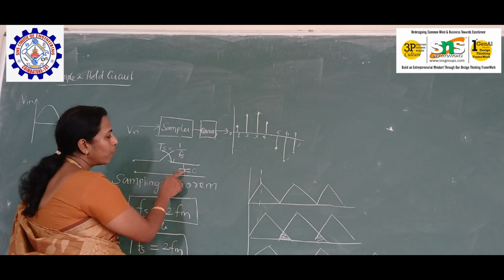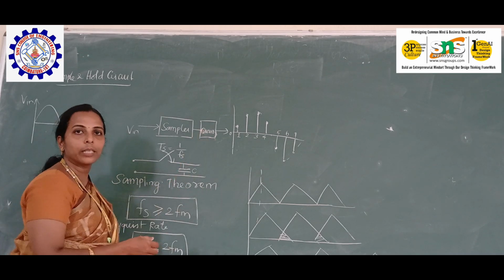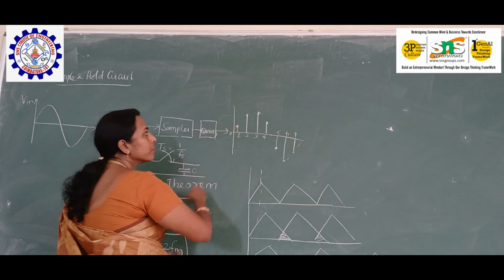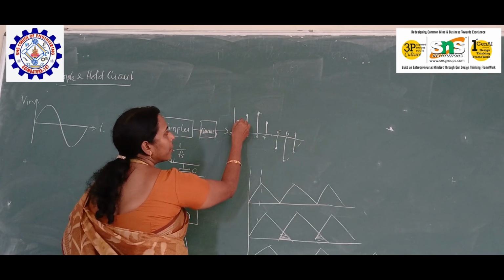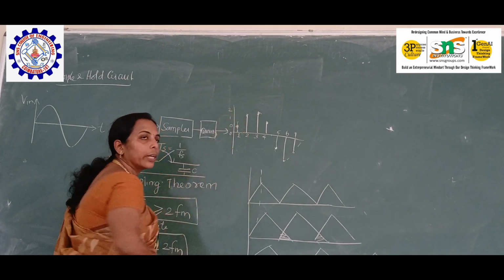This output will be held by the capacitor in order to give it to the quantizer. So now we will not be having an intermittent value. Here also we will be having either 0, 1, 2 and so on.